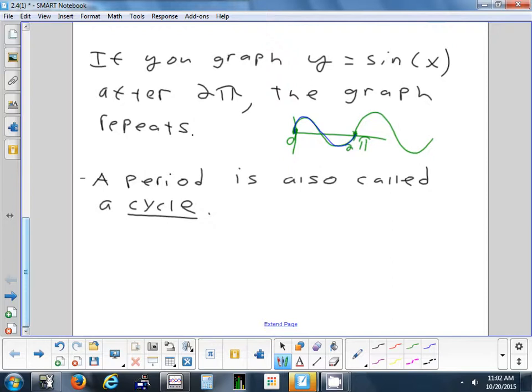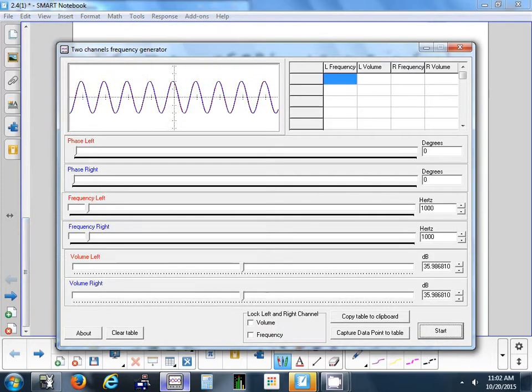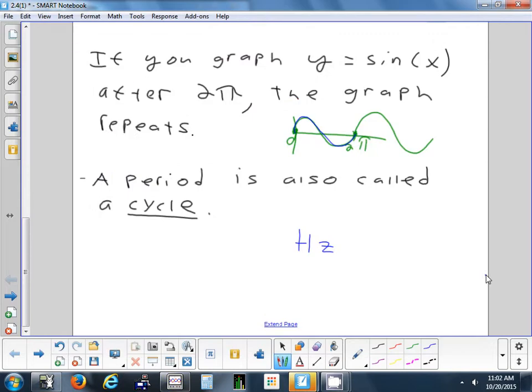Does anyone know what the name is? Hertz. Yeah, it's measured in hertz. Same with sound frequencies. They're measured in hertz. That's how many cycles the frequency is doing per second. So 1,000 hertz as a sound frequency means that it's doing this 1,000 times per second.